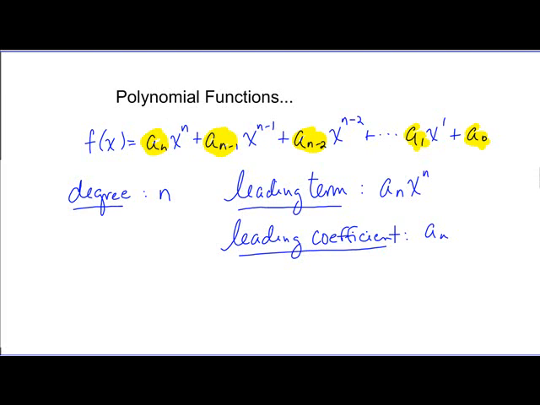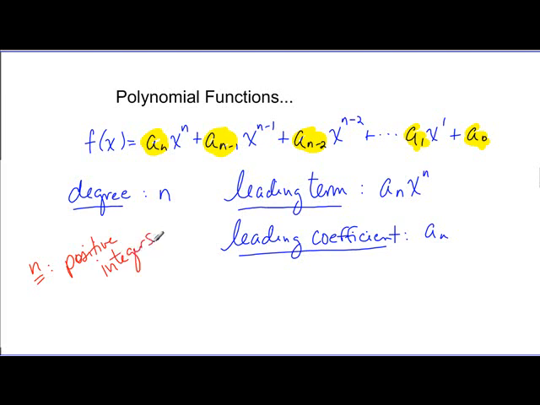The one thing that we are picky about, to be able to categorize any function as a polynomial function, is that the powers have to be positive integers. So you'll never see a negative power in a polynomial.